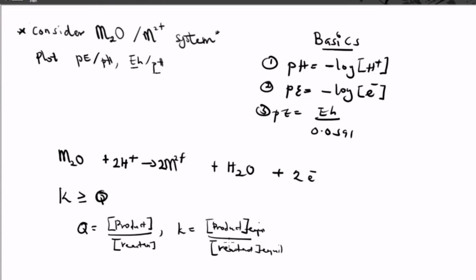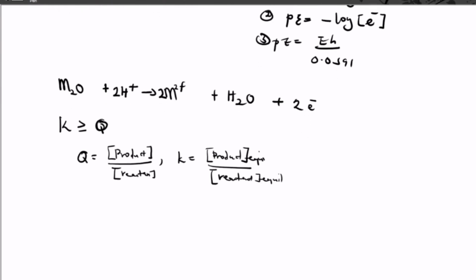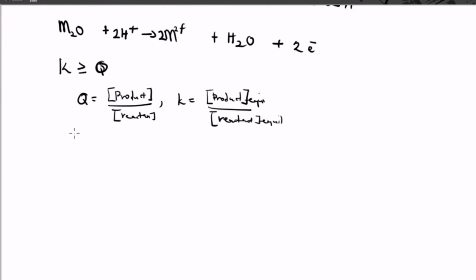So after developing this, we say that our Q will be equal to, which one is our product? These are our products, right?